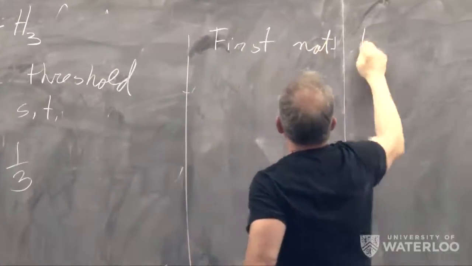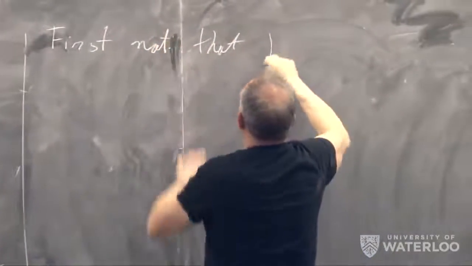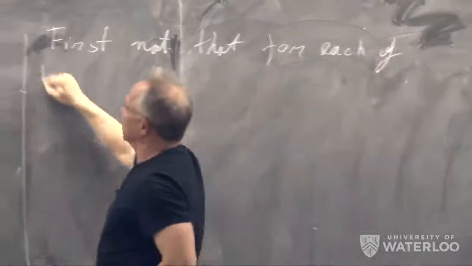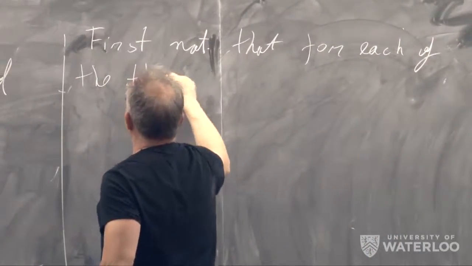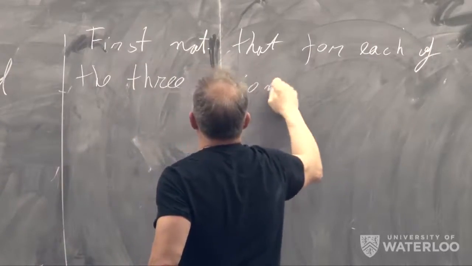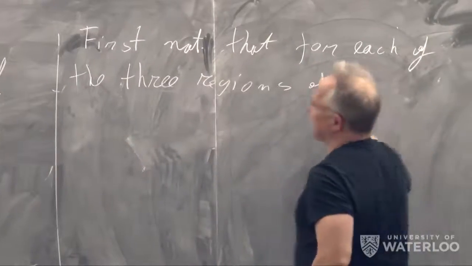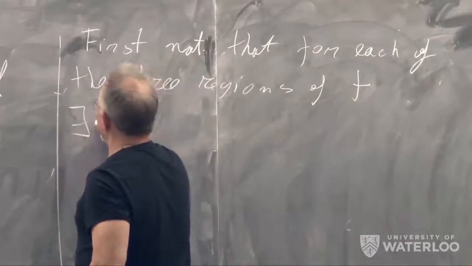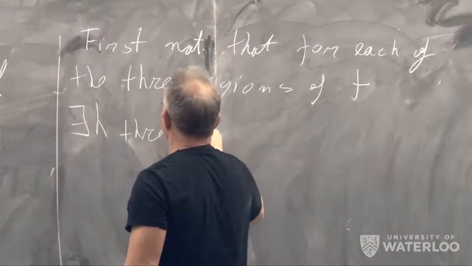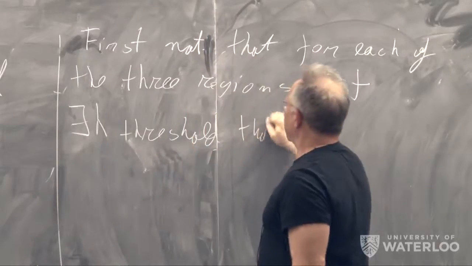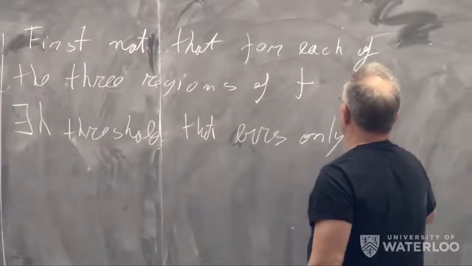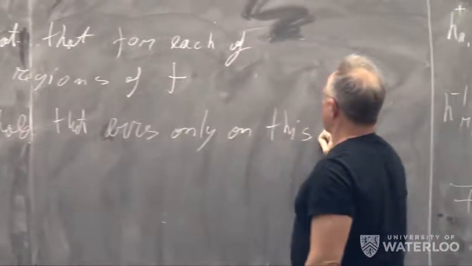Note that for each of the 3 regions of f, there exists some h, which is the threshold, that errs only on this region.